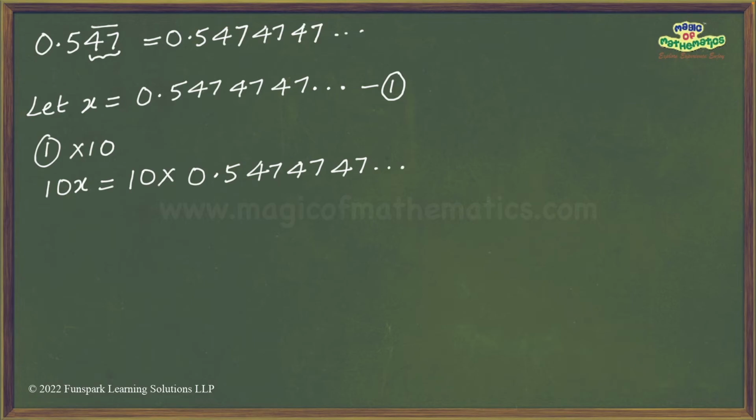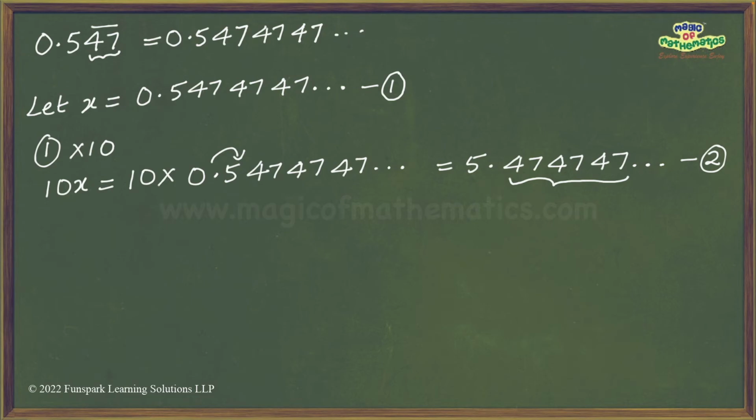Multiplication by 10 will make the decimal point shift to the right by one place. This will give us 5.474747 and so on. Now we have a decimal where the sequence of repeating digits occurs immediately after the decimal point. I will label this equation as 2.